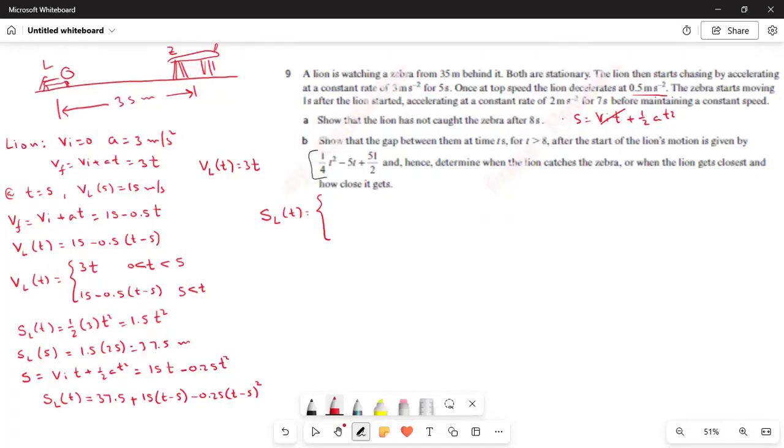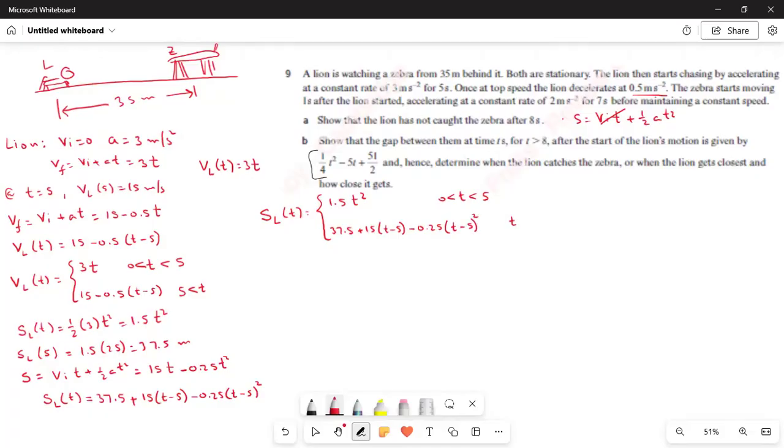So initially it was 1.5 t square when t was between 0 and 5, and it is 37.5 plus 15 times (t minus 5) minus 0.25 into (t minus 5) square.